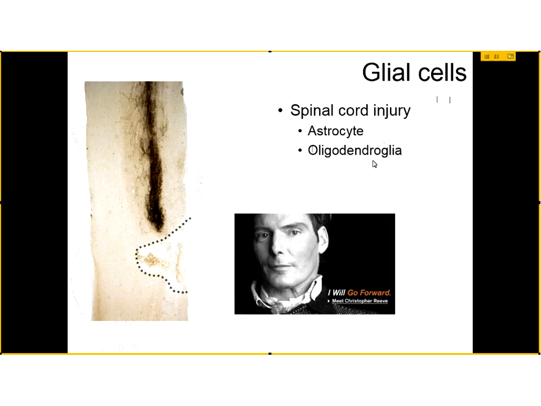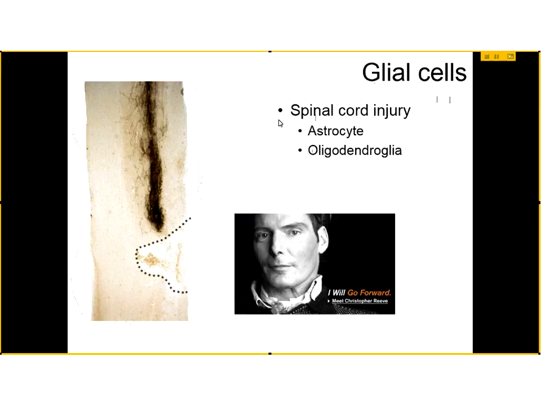So oligodendroglial cells are one of the challenges for regrowth in the central nervous system after spinal cord injury or stroke. But also astrocytes create a problem because in their attempts to quarantine or block off a part of the central nervous system, which is important, if you didn't do that, neurons would continue to die off.